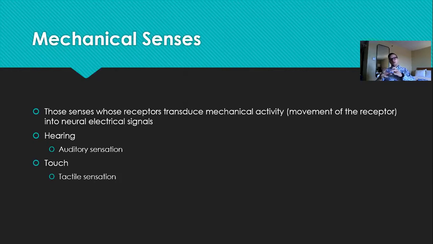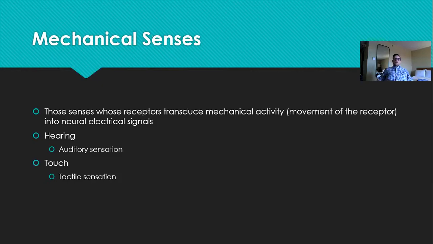Touch sensation is a mechanical receptor. Those receptors become active when the receptors are physically altered, meaning pressure or something changes the shape of the receptor's membrane.